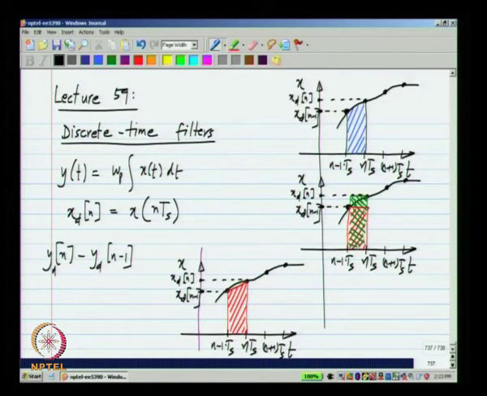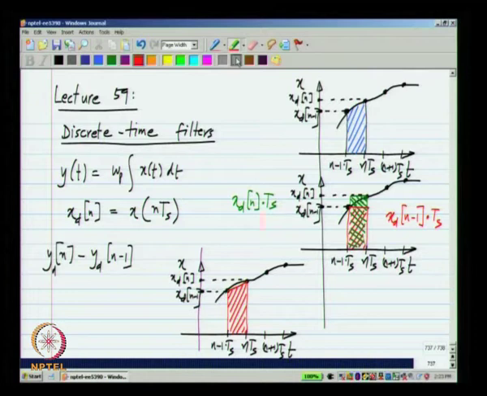So, if I look at this red area here, what is that area? That is nothing but x_d of n minus 1 times T_s, which is the width. The height is x_d of n minus 1 and the width is T_s. If I look at the green area, that is x_d of n times T_s, again the height is x_d of n and the width is T_s. And what is the area in this more refined case?